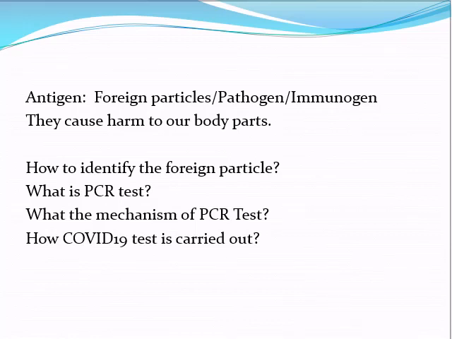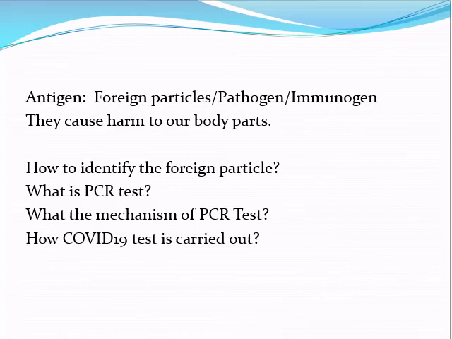Now there are certain things that you need to keep in mind while you learn this antigen and antibody structure. What is very important is how the foreign particle is identified in our body. For example, today you have heard about COVID-19 and the PCR test. What does PCR test mean?